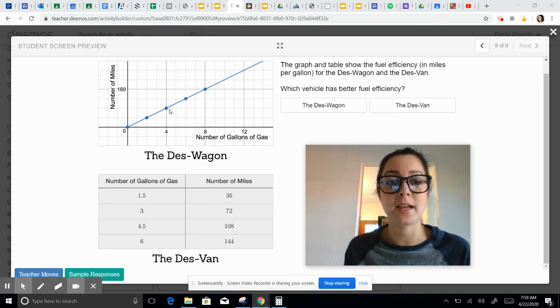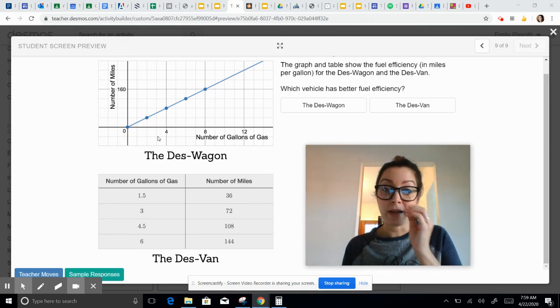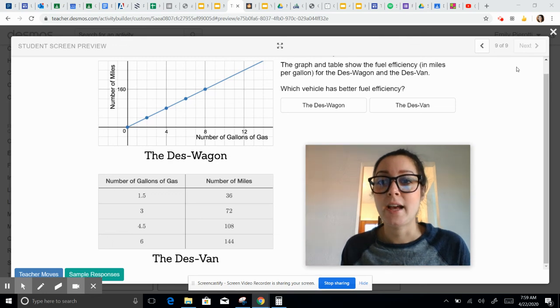So 4 gallons of gas, 80 miles. The Desvan, you can go 3 gallons of gas, 72 miles. So you need to see how those two compare. Again, you can look at the unit rate. How many miles would you get on 1 gallon of gas? And that's your last question here, which is why it's the most challenging one.